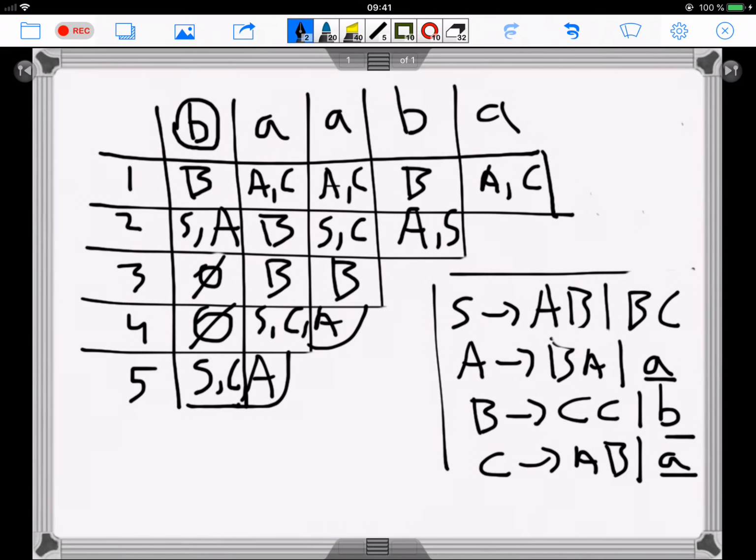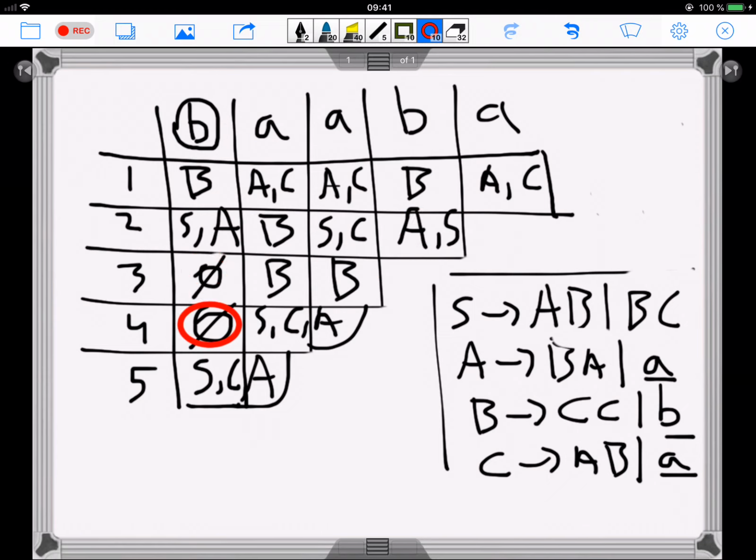Okay, and then we consider SA with B, that gave us SB, which is not generated, and then AB, which is generated by S and C. And now we need to consider empty with AS. We know that whenever we have one of the cells empty, then we cannot generate the word in that form.